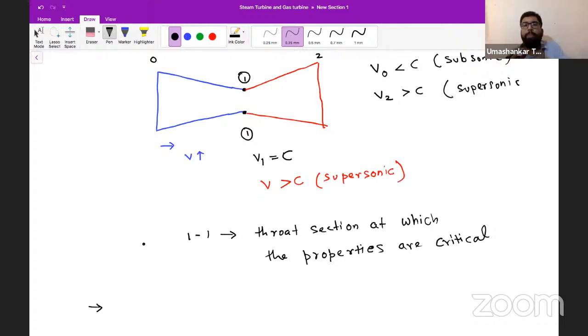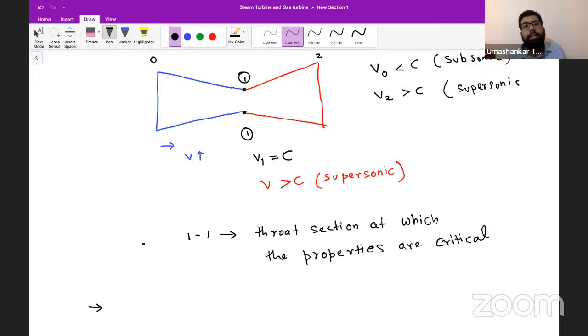If the diverging section is not properly designed, its angle must be controlled, some shock waves will be generated. Once the shock wave is generated, no more increase in velocity will take place, and the rest of the nozzle will just behave like an idle thing or a diffuser.